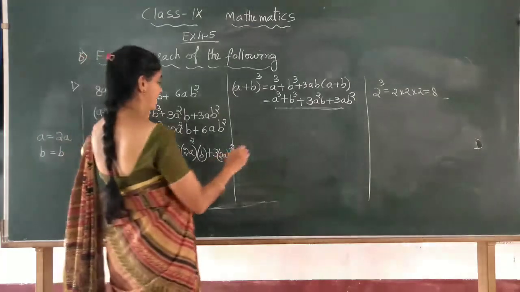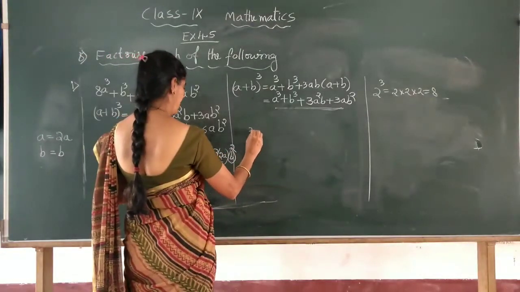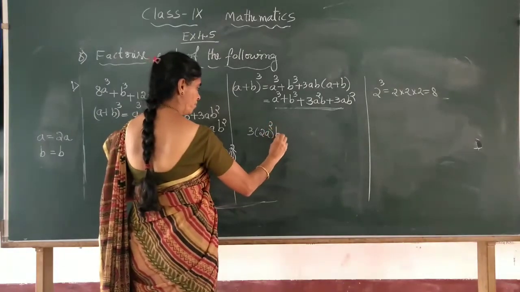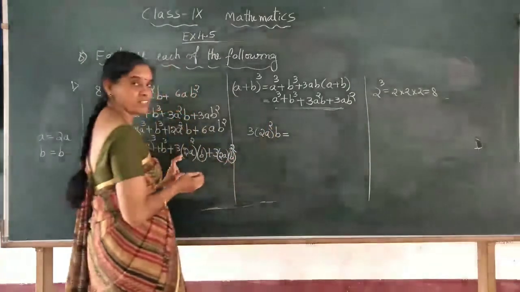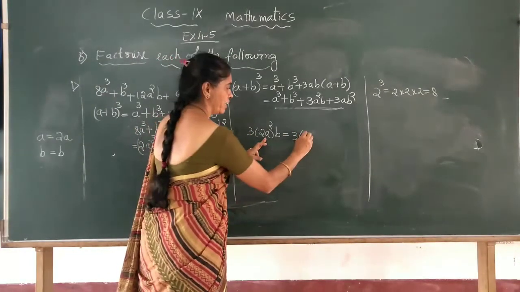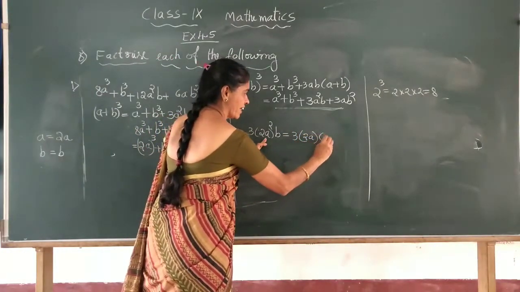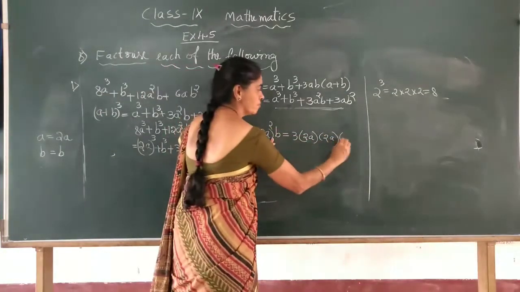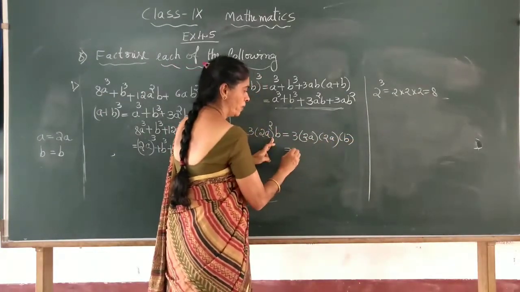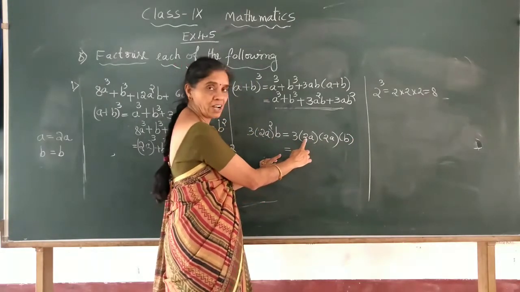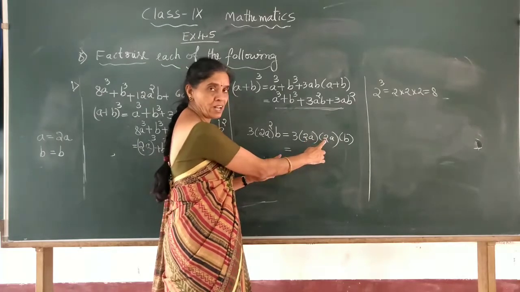We have written correctly. Now 3 into (2a) whole square into b. What is the answer to this one? 3 into 2a into 2a, that is the meaning of square, right? Multiply the arithmetic numbers: 3 2s are 6, 6 2s are 12.